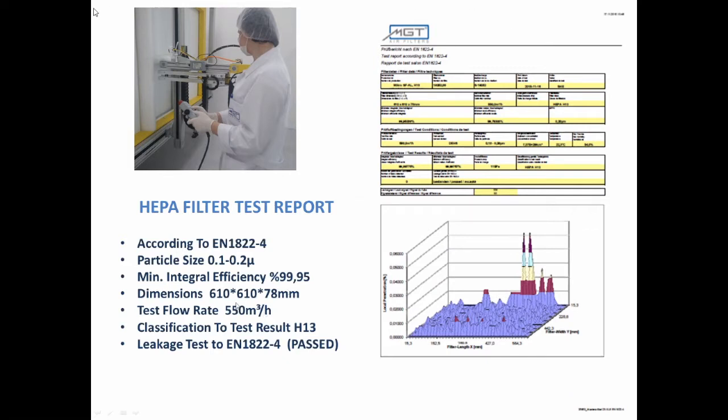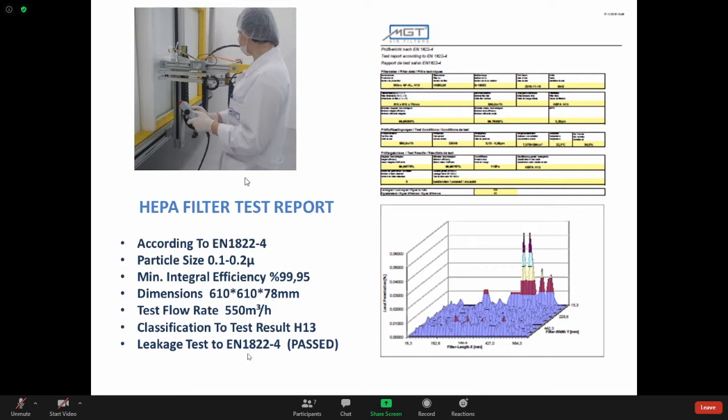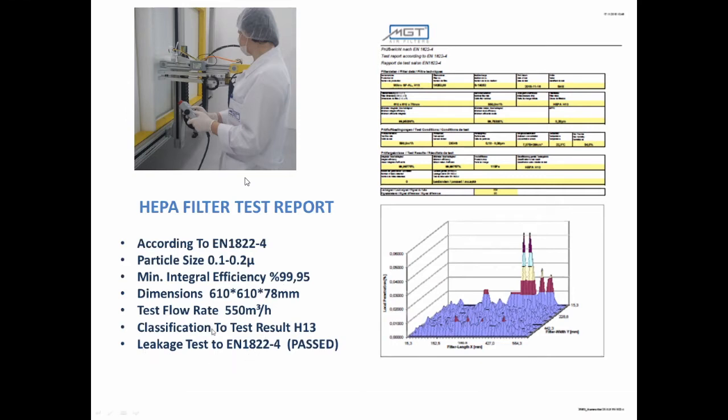It is just giving the details for this report. It's an example for you. The dimension was 610 by 75 millimeter, and they reached an airflow of 550 cubic meters, and it shows it is H13 because efficiency was 99.95, and the leakage test shows it has already passed.